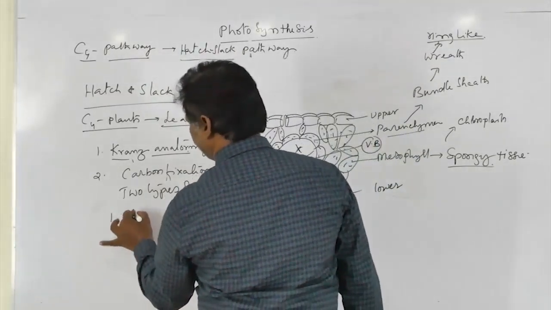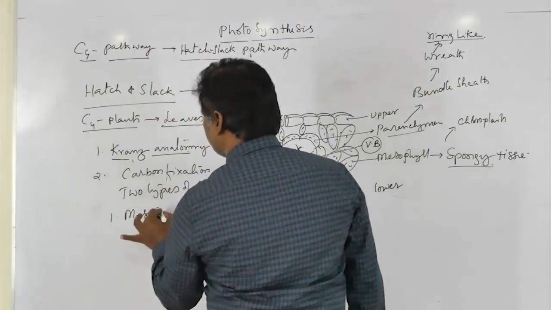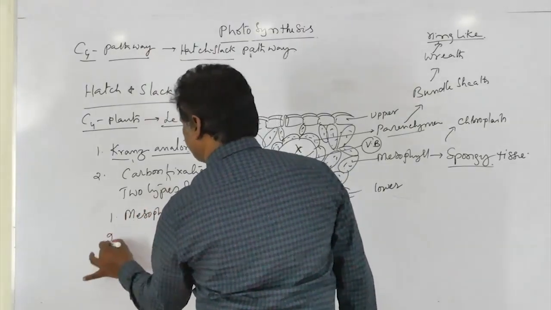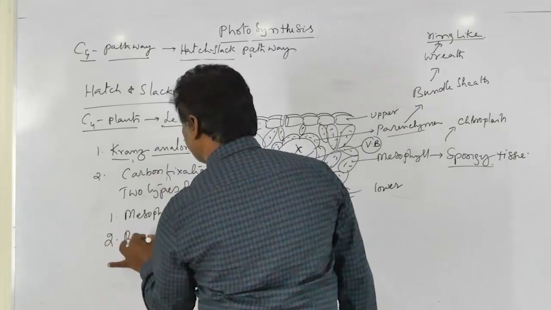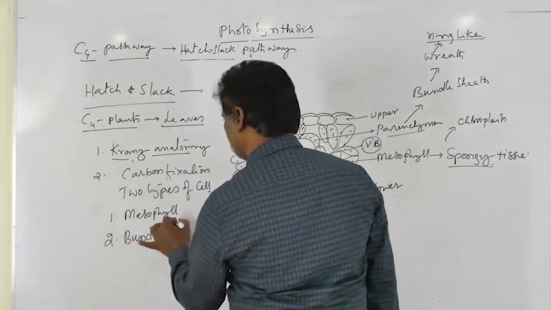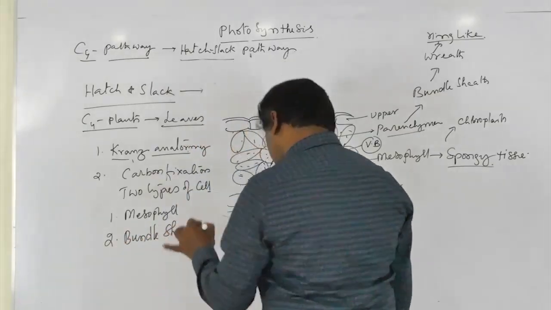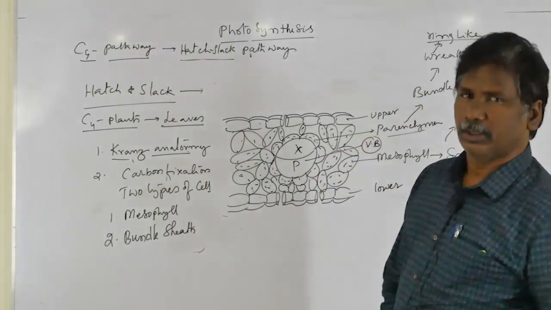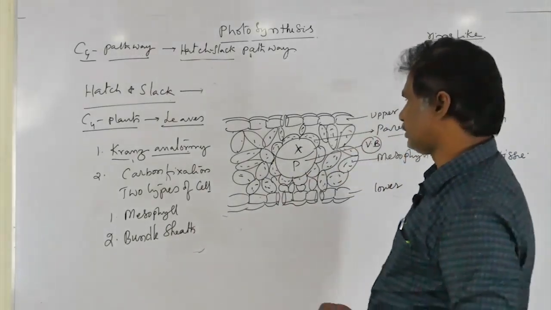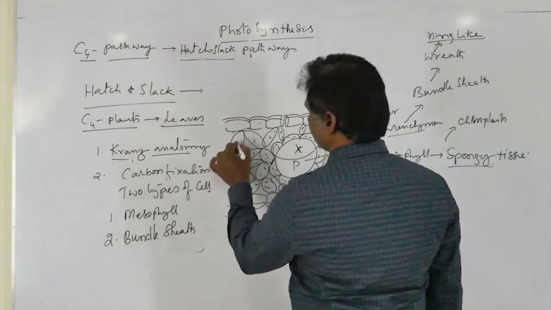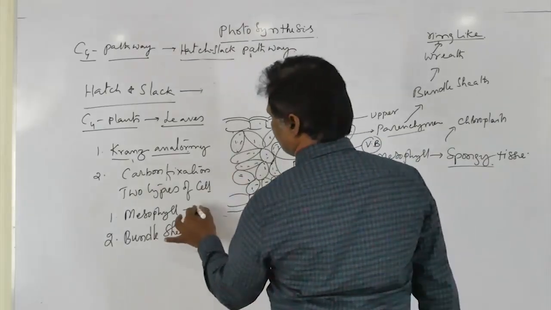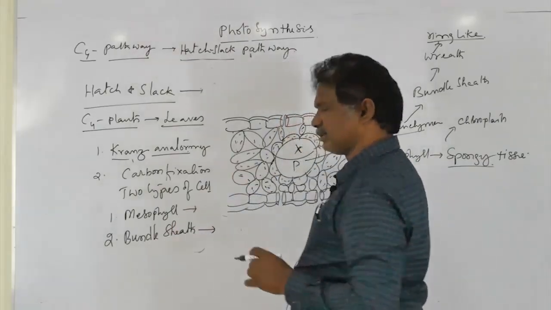The first one is the mesophyll cells, and the second one is the bundle sheath cells. So two types of cells participate in carbon fixation.